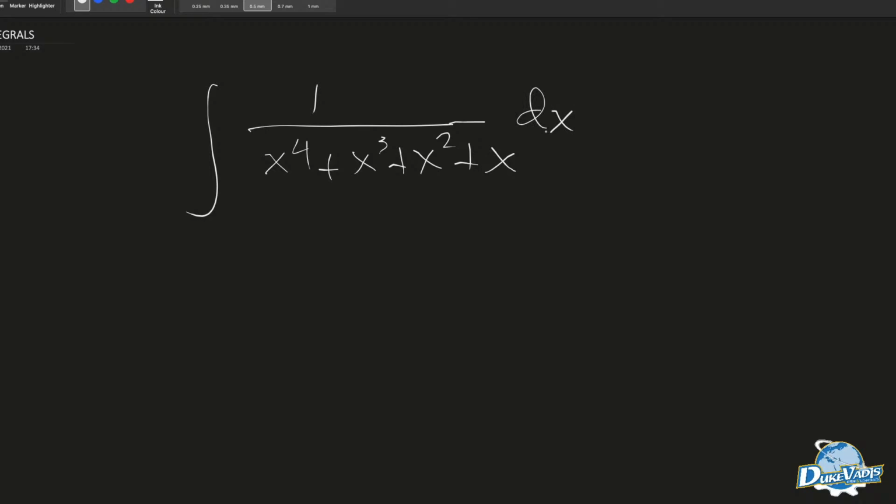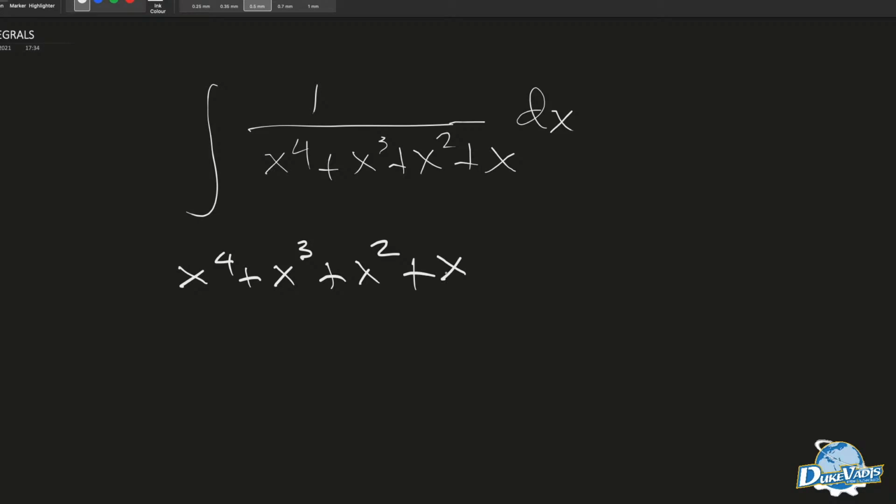As we saw earlier, it's more polynomial, so our concentration is to break down the denominator so that we can solve this without difficulty. So we have x^4 plus x^3 plus x^2 plus x.